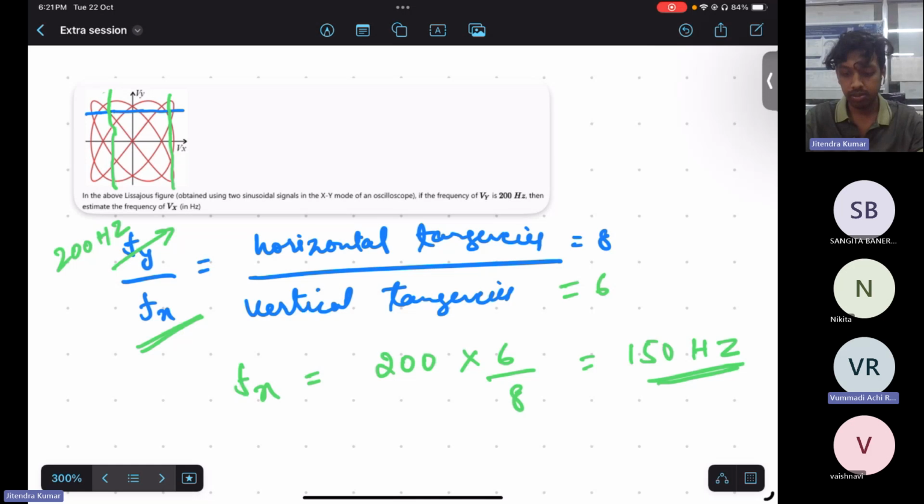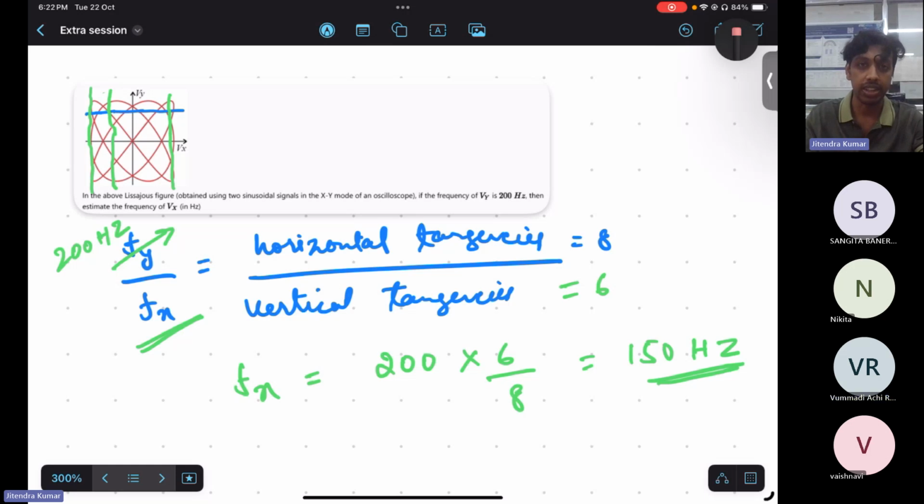Sir, I have one doubt here. If I consider a vertical tangent, a vertical line, and if I take it at the edge, if it is a half, a C shape, then how can we measure, sir? Okay, so you are saying that if you only consider these edges, then you will get a different value.